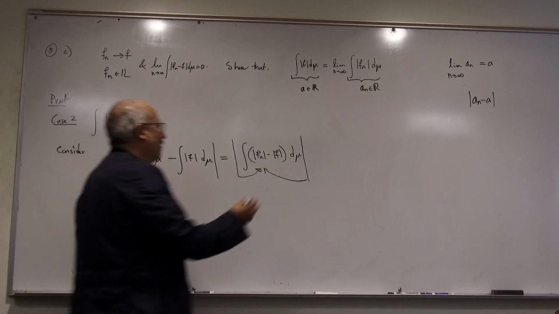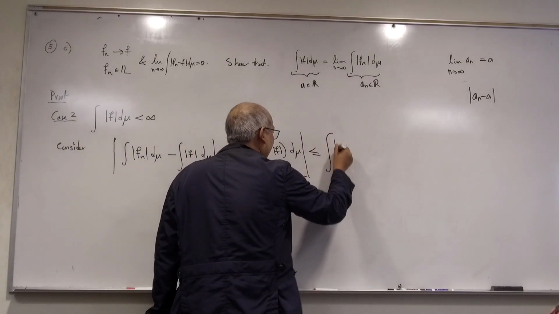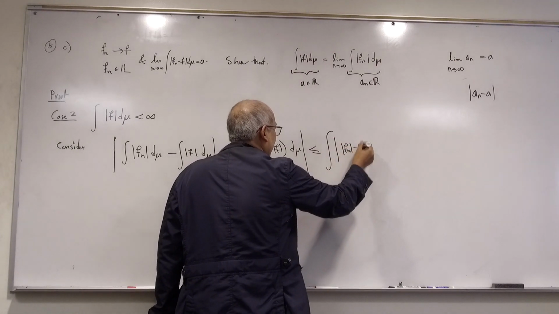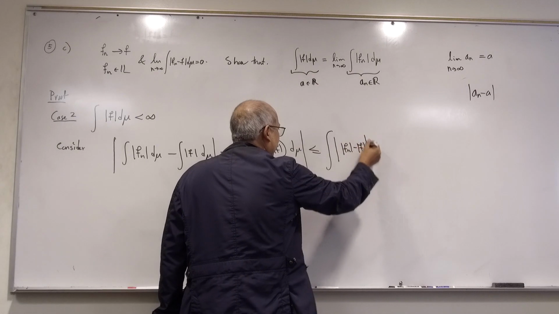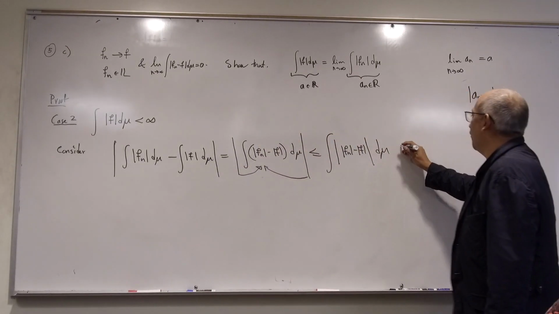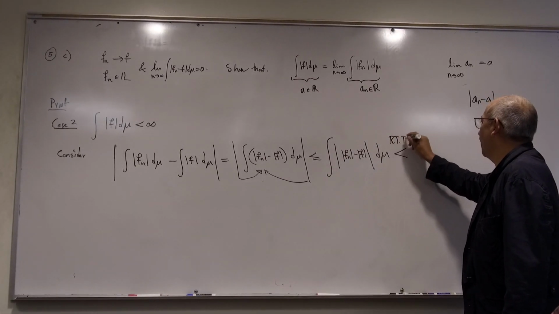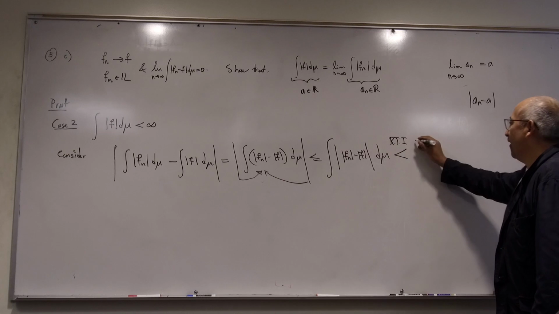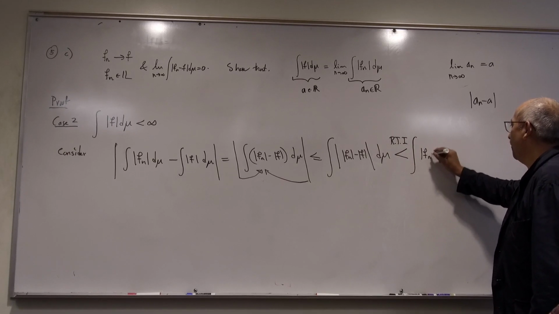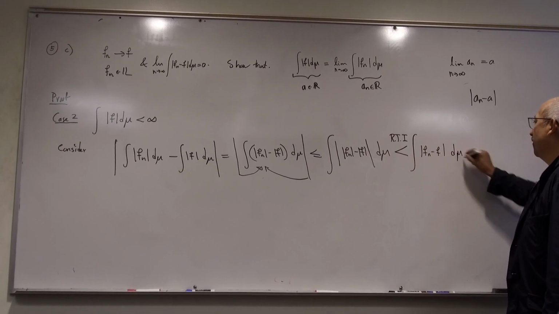less than or equal to the integral of absolute value of absolute value minus absolute value. Three absolute values here. What the heck? And then we use the reverse triangle inequality. Yeah, it's going to be non-negative for sure. So this is less than or equal to the integral of f_n minus f, and that's a hypothesis that equals 0.